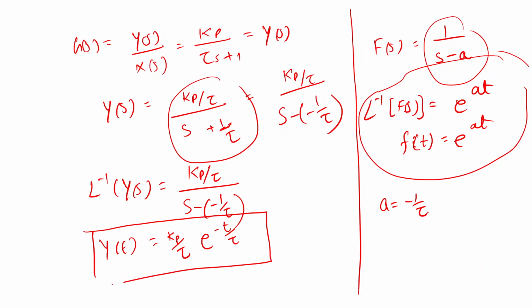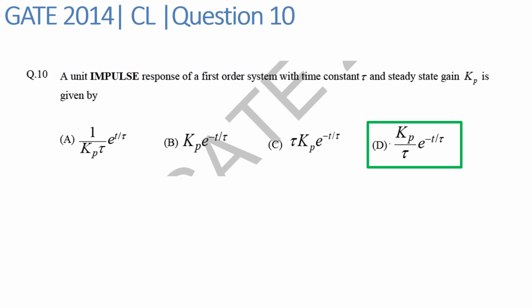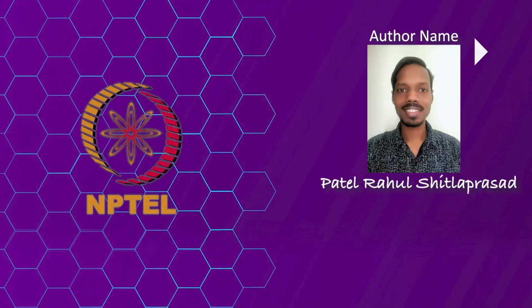So the output response for a unit impulse in time domain is Kp upon tau times e raised to minus t upon tau. From the given options, we can select option B as the correct one.